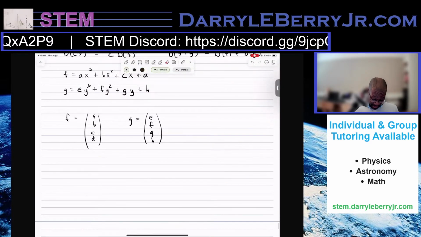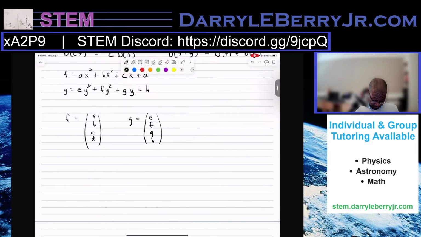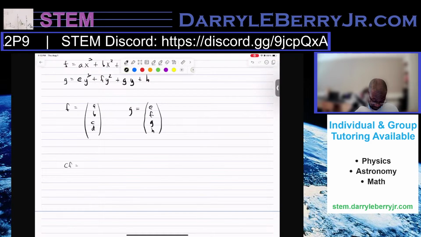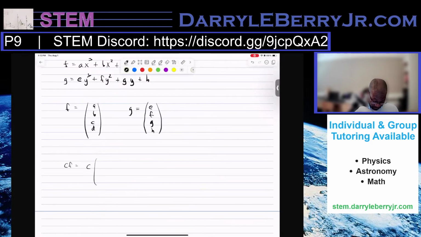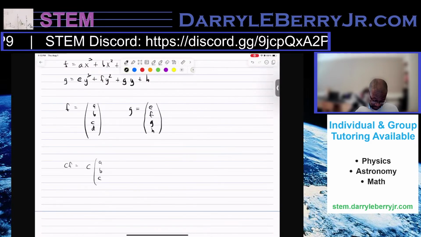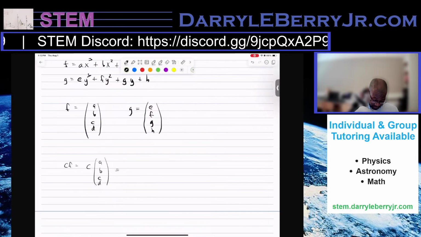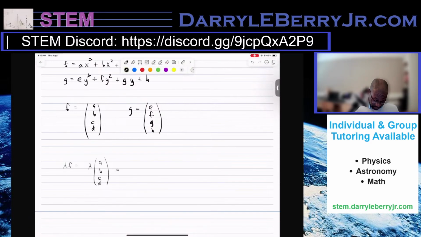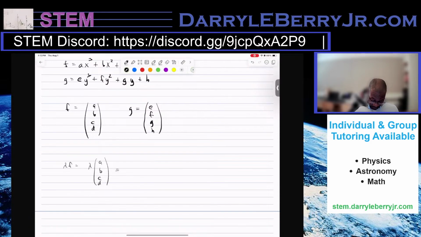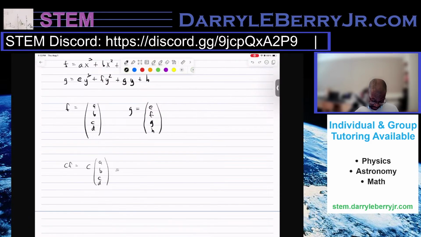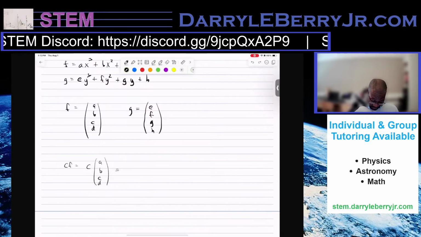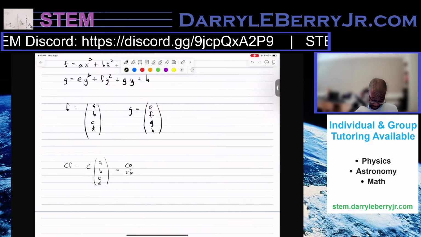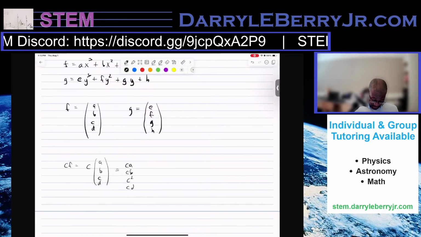So if I have CF, to do the scalar one first, CF equals C times a, b, c, d. Oh, maybe I should pick a different symbol. I mean, technically it doesn't really matter. I'll just make that C squared. So it'll end up being CA, CB, C squared, CD.